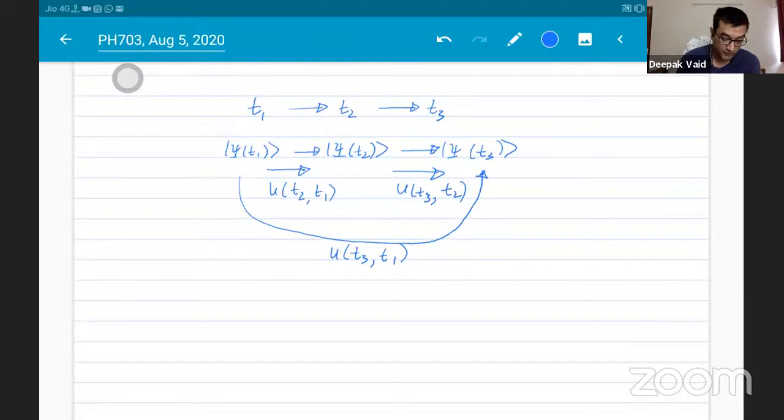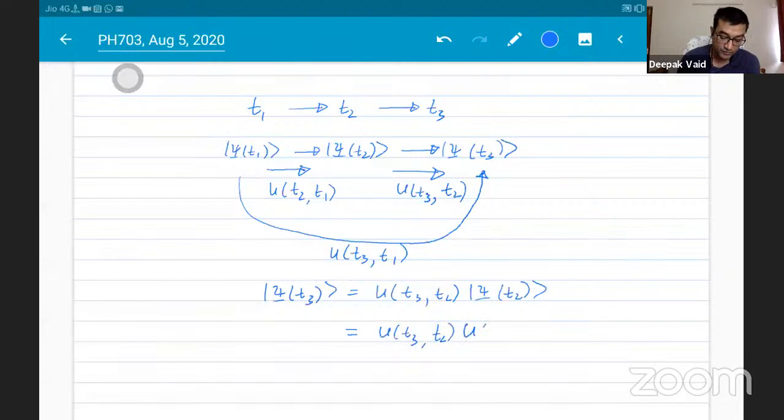So what will happen is, we can write it like this: psi t3 is equal to u t3 t2 psi t2, and psi of t2 is equal to u of t2 t1 psi t1. But this whole thing is equal to u of t3 t1 psi t1.